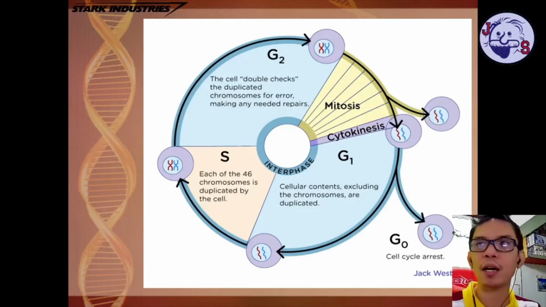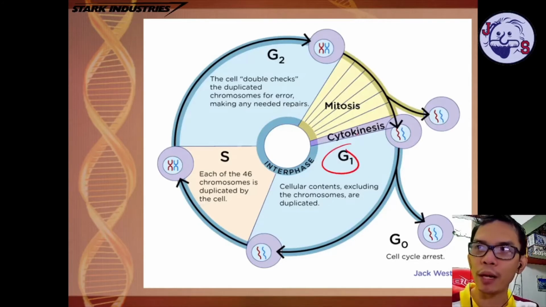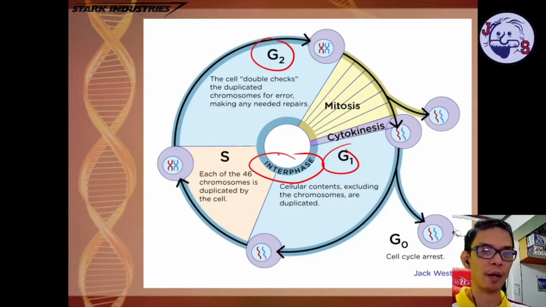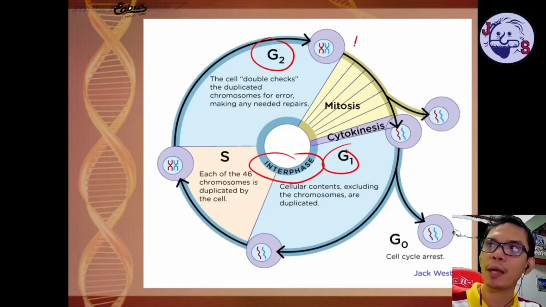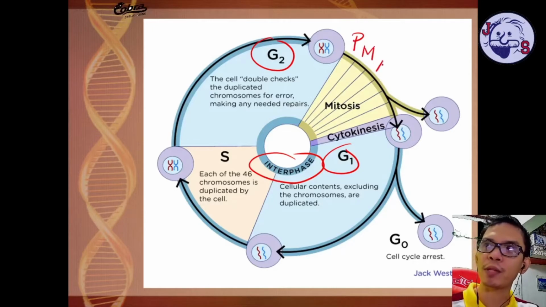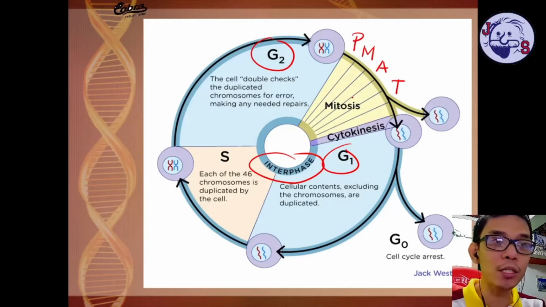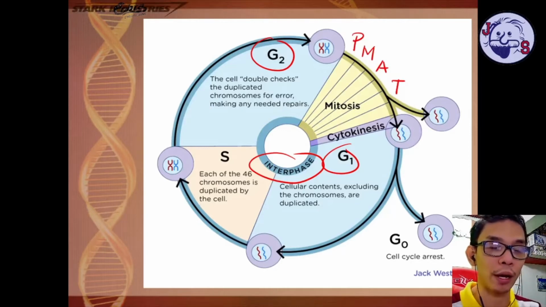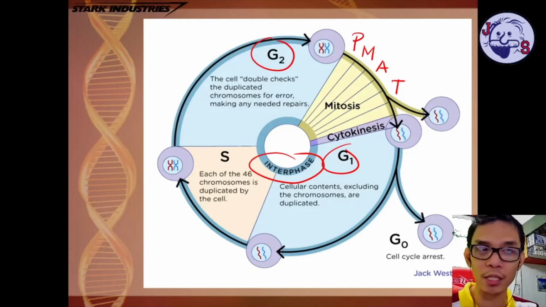So all of this that you have right here, from G1 to G2 phase, is part of your interphase. Now after the interphase, we have the prophase, followed by the metaphase, then anaphase and telophase. So that happens during the mitosis.